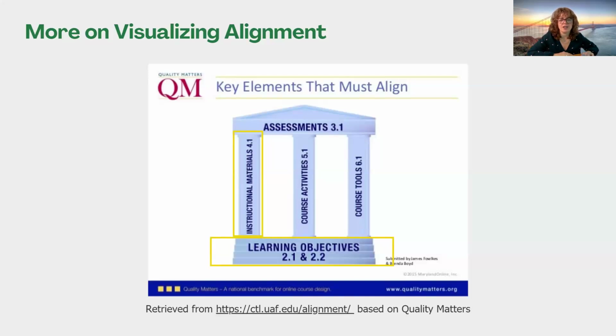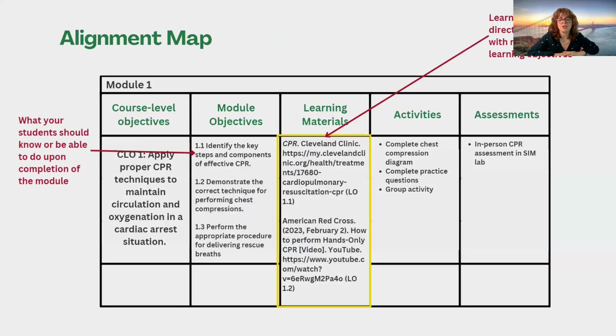So it gets kind of abstract, but how is it really realized in your course? Going back to a previous workshop, a wonderful way to determine that is by creating or utilizing your alignment map. This can take time to develop, right? Or maybe you inherited one and you revisit it on occasion.